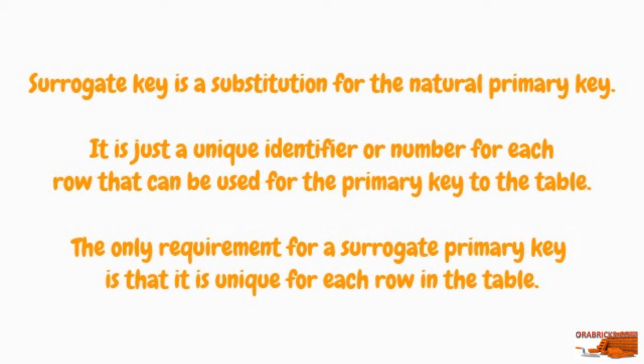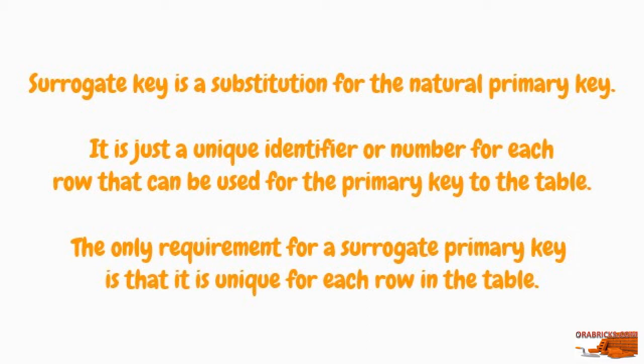It is just a unique identifier or number for each row that can be used as a primary key in the dimension table. The only requirement for a surrogate primary key is that it is unique for each row in the table, as there might be changes in your natural key.